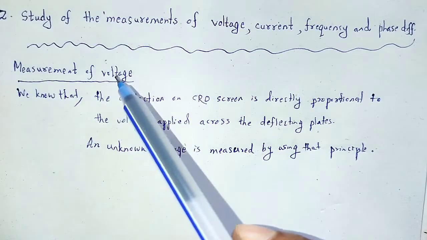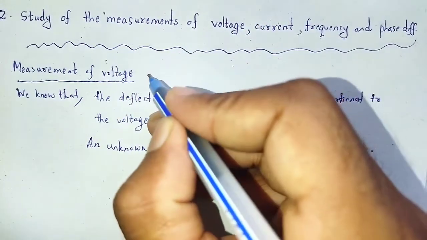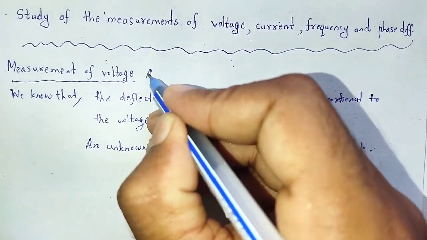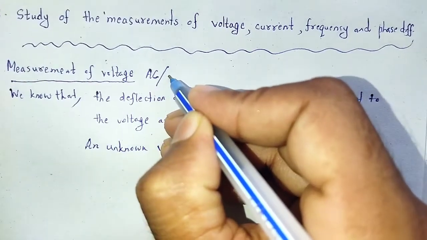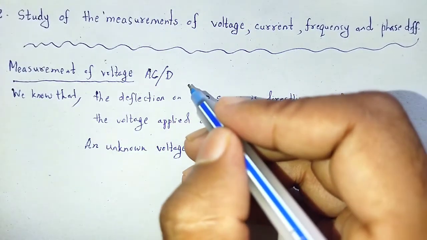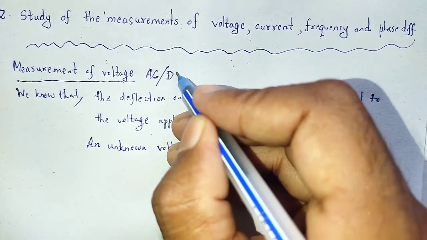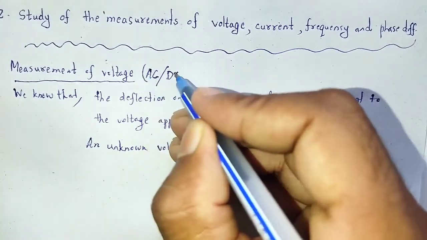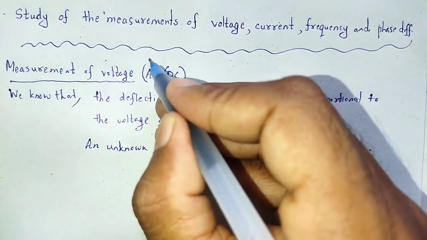that voltage may be AC or DC, alternating or direct.